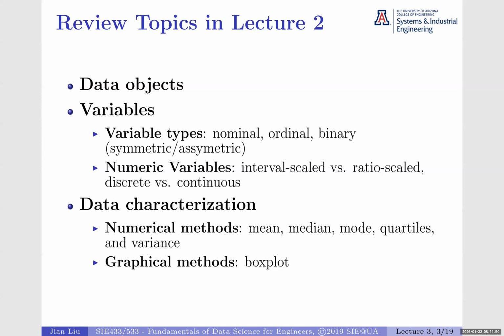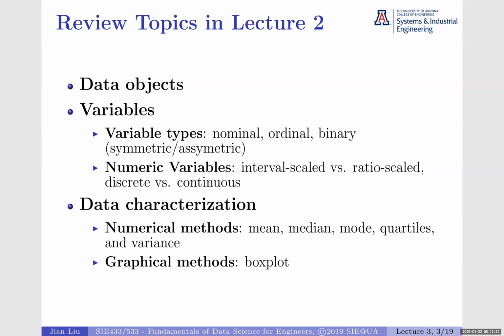And for numerical variables, we have discrete numerical variables and continuous numerical variables. For discrete, it can only take some discrete values, for example, the integers for count data, or sometimes we model binary data with a discrete variable. For example, 0 stands for negative for a certain blood test, and 1 stands for the positive.